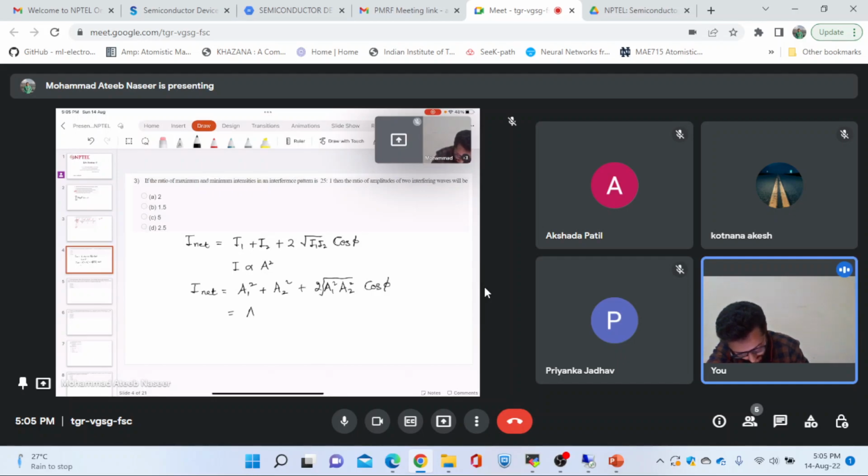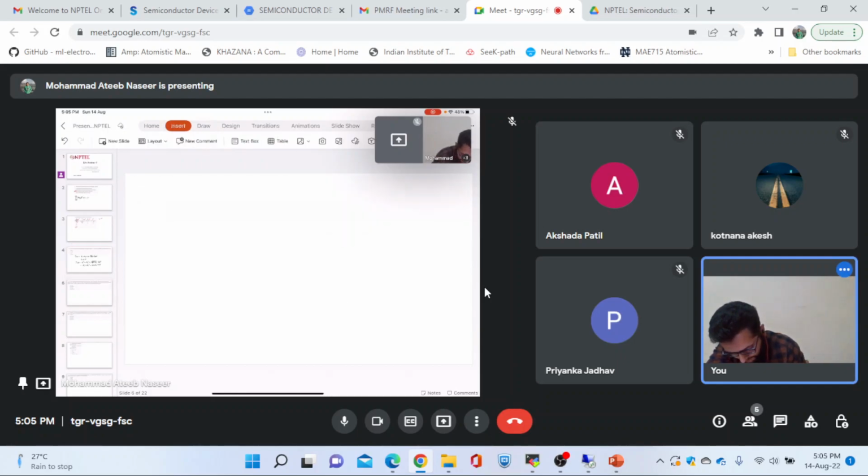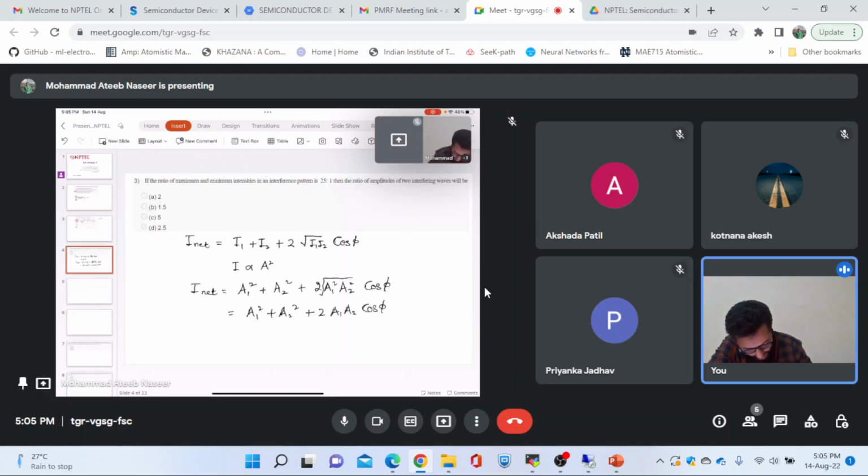This will simplify to A1 squared plus A2 squared plus 2 times A1 A2 cos phi. This is as simple. So we have now two conditions on the intensities, where one condition is that the intensity is maximum and the other condition is that the intensity is minimum.